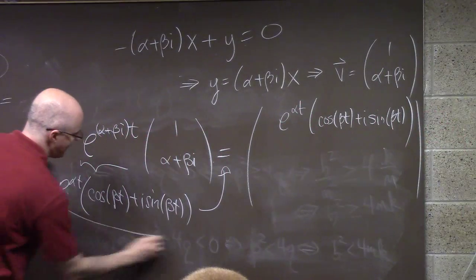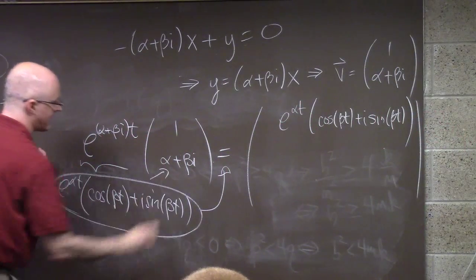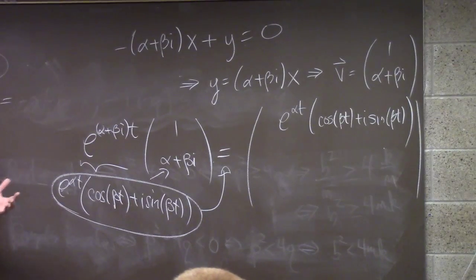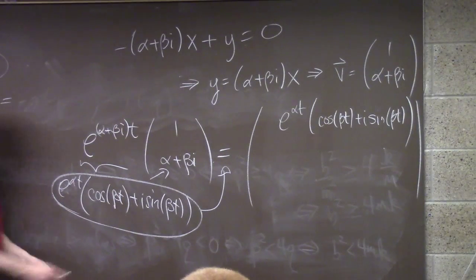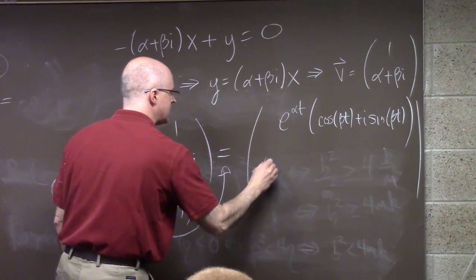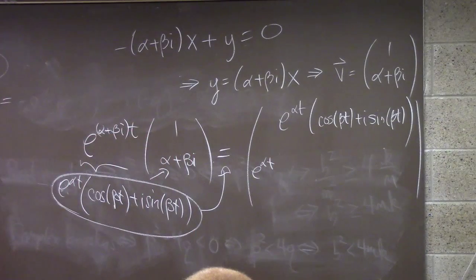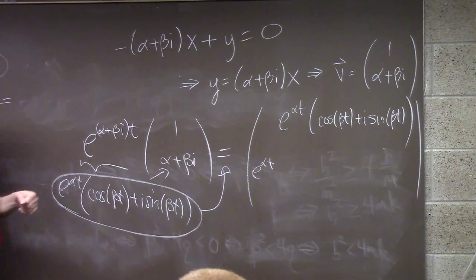Again, multiplying this entire thing times that, you've got to think about foiling it. Again, keep the e to the alpha t out in front. Alpha, by the way, is a negative number, so this is exponential decay. Maybe I should have written alpha to be this, and then I'd have a negative alpha up there. I'll stay with the way I'm doing it here, but keep in mind alpha is a negative number.